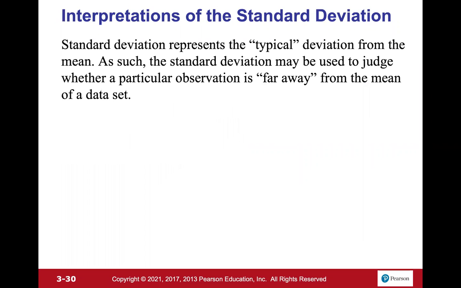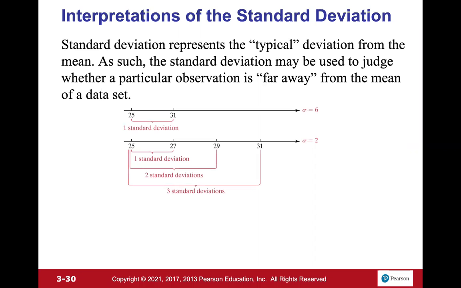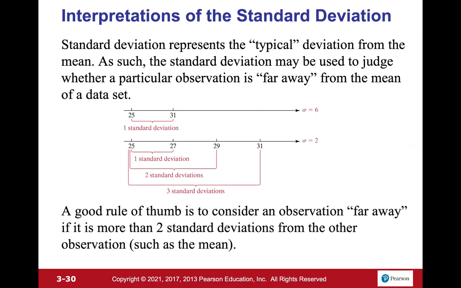Now, interpretations of standard deviations. A standard deviation represents the typical deviation from the mean. As such, the standard deviation may be used to judge whether a particular observation is quote unquote far away from the data set. So with that comes a couple of good things.